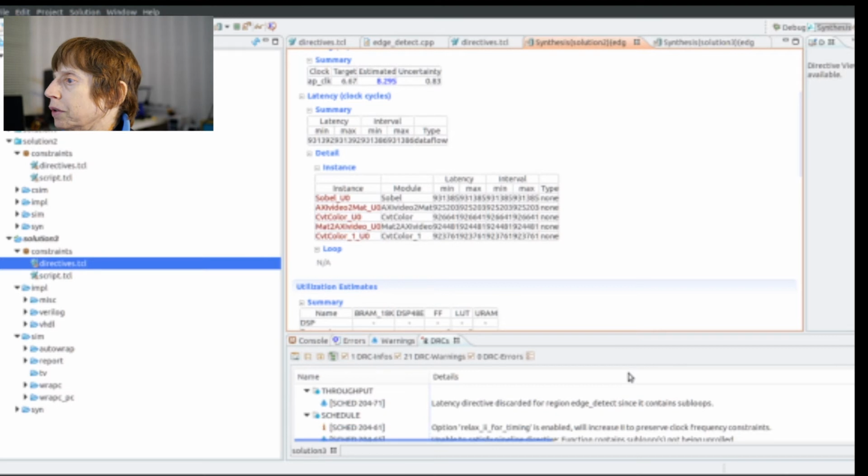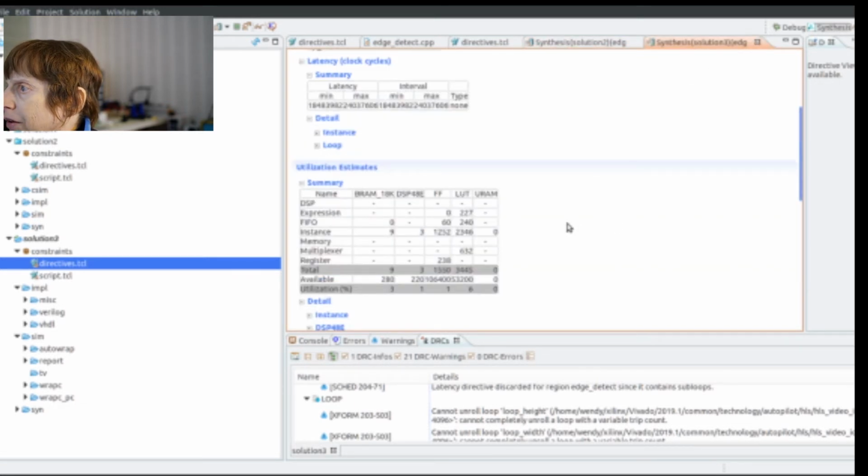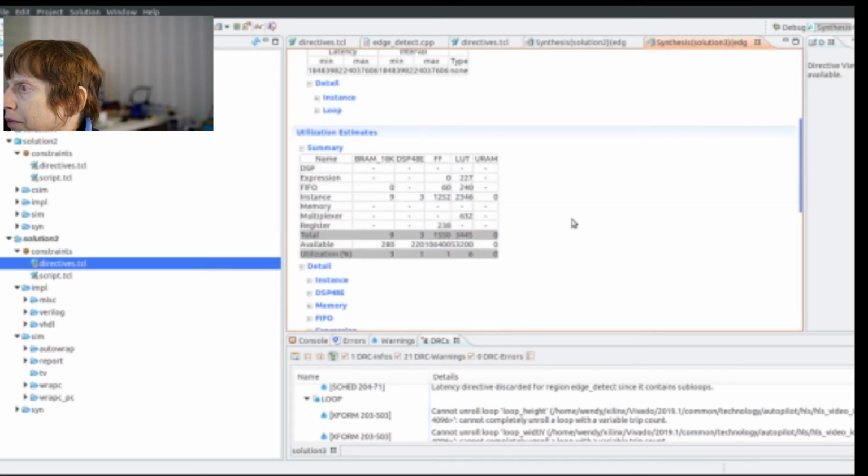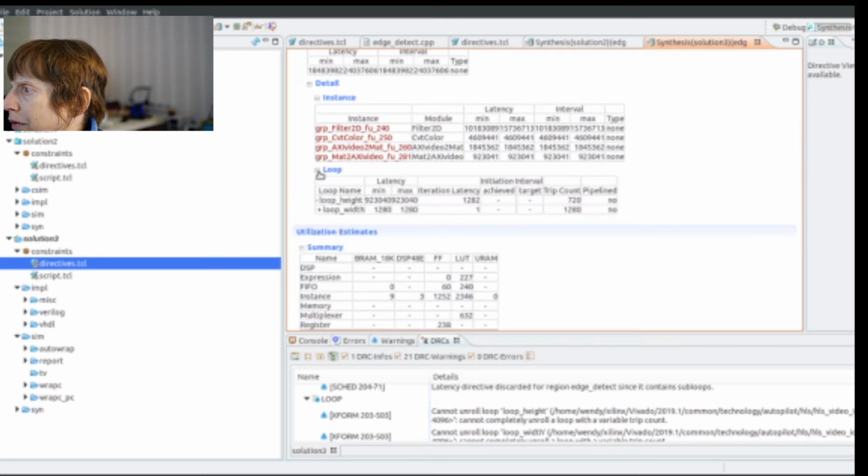But at any rate, you can see it also breaks it down here in the data flow. And if you think about it, it is talking about the data flow. It goes in, it moves through, it processes, it comes out. In solution 3, it's focused more in the detail on the different modules and the loops.